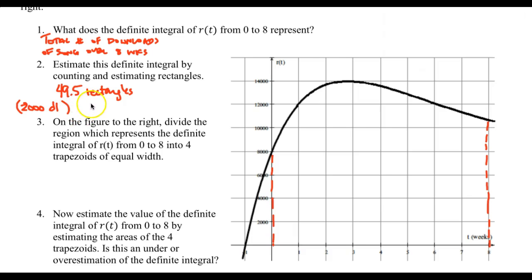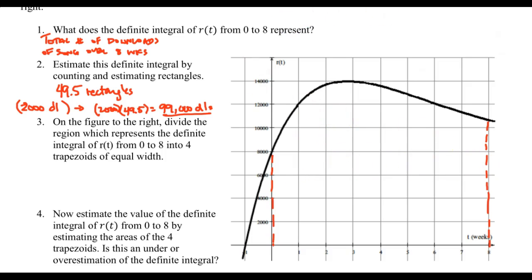So 49.5 times 2,000, somebody do the math for me, gives me 99,000 downloads in those first 8 weeks. That's an estimate by counting the number of rectangles. Now, I went really fast because I had already counted the rectangles, but it would take a long time to sit there and count all those rectangles, wouldn't it?